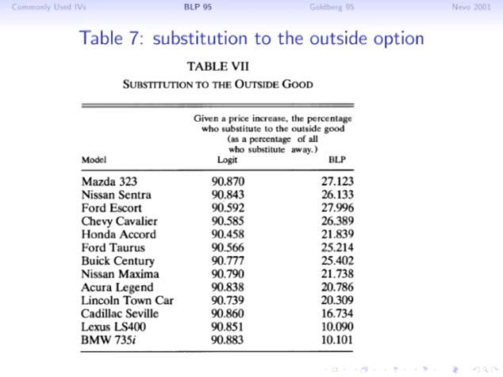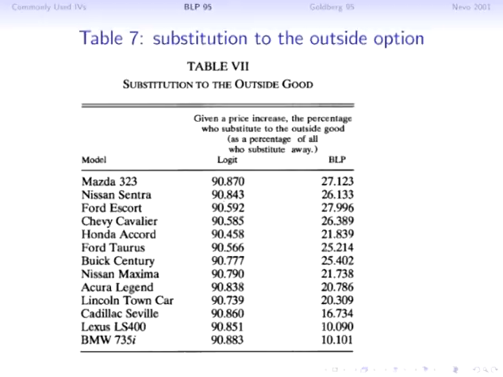Now, in the logit model, right? So this is off of logit. They're basically all 90%. I think the only reason they're not exactly the same is some simulation or computational error. The reason is that when the price of a product increases, and some consumers decide not to purchase it, they're going to purchase the outside good at the same frequency as the average consumer.